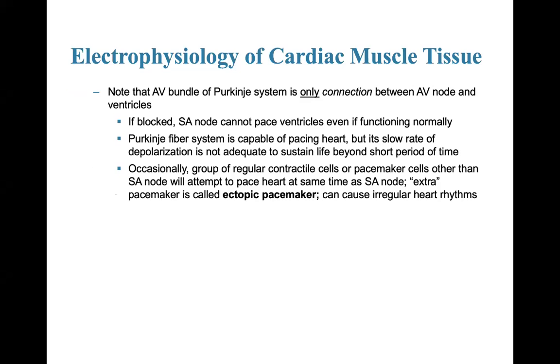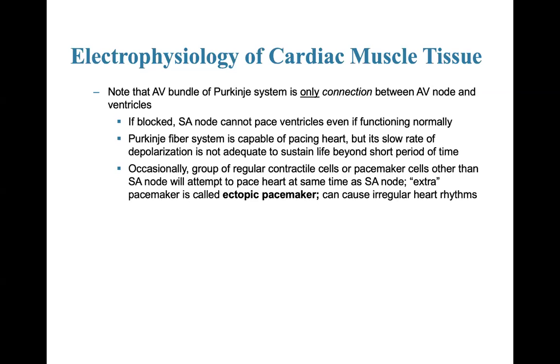The AV bundle of the Purkinje system is the only connection between the AV node and the ventricles. If blocked, the SA node cannot pace the ventricles, even if functioning normally. The Purkinje fiber system is capable of pacing the heart, but its slow rate of depolarization is not adequate to sustain life beyond a short period of time.